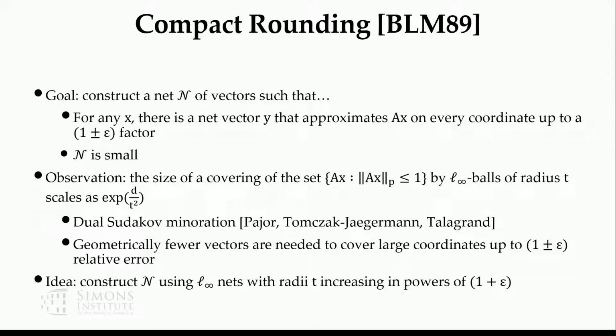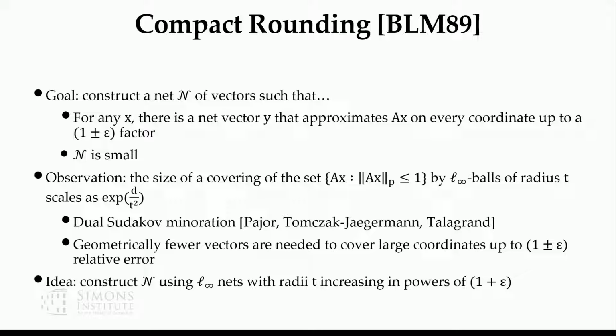And a key observation, which is called dual Sudakov minoration, is about the size of a covering of the LP ball Ax by L infinity balls. You're trying to approximate this coordinate-wise, so you're trying to cover it with L infinity balls.